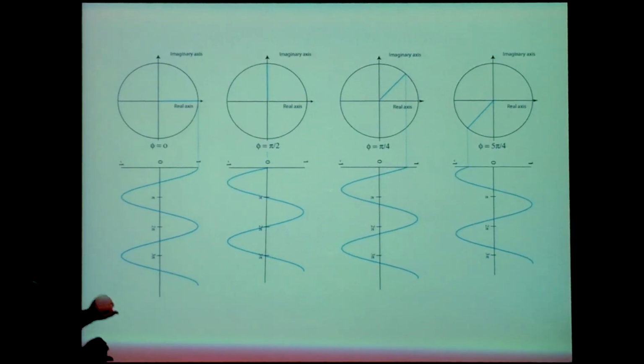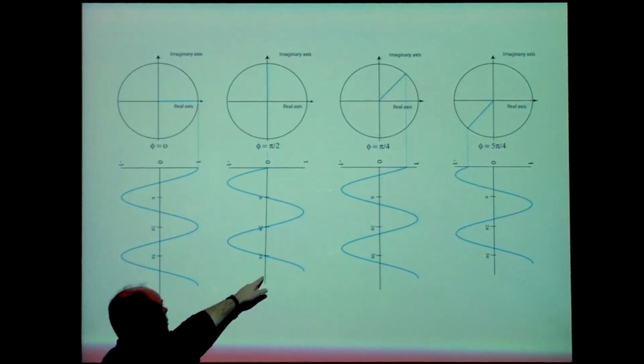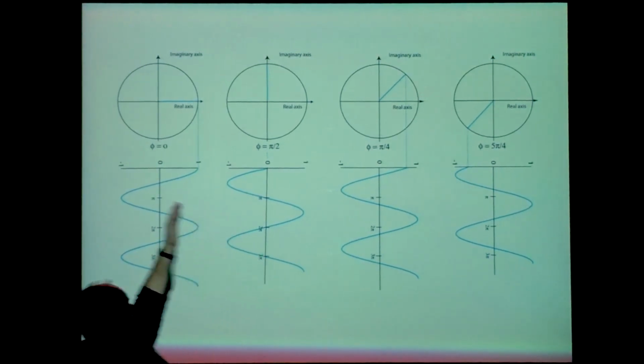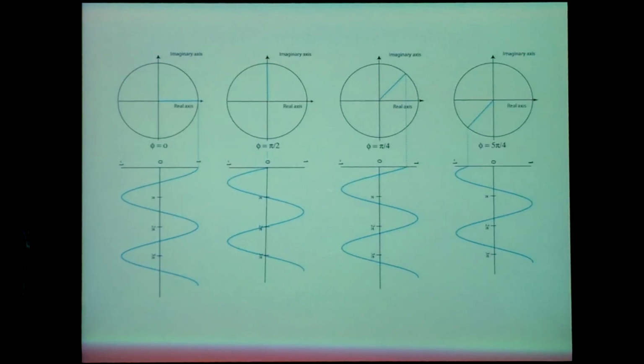Now, can you see, if I propagate that diagram down, the position in this orientation, in real space, is actually very nicely defining the amplitude at any point. So in this one here, where we're at 0 degrees, the Argand diagram looks like that.